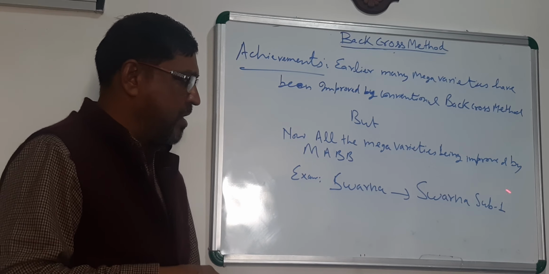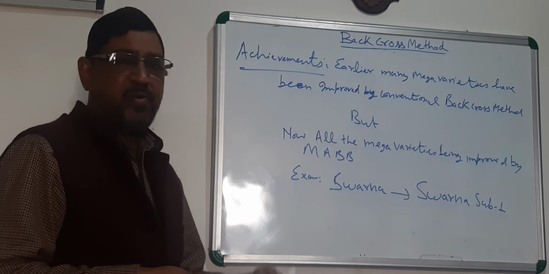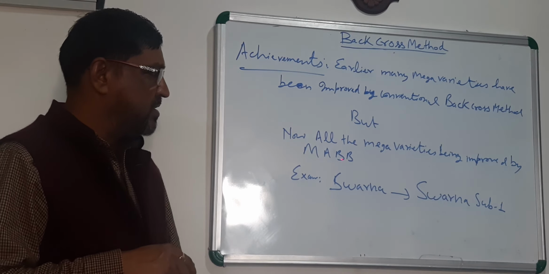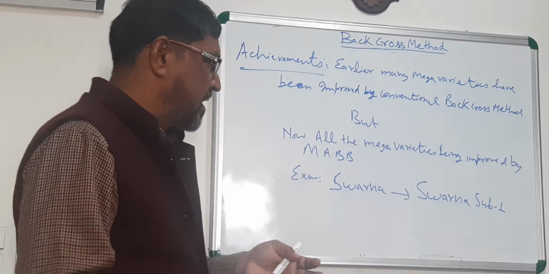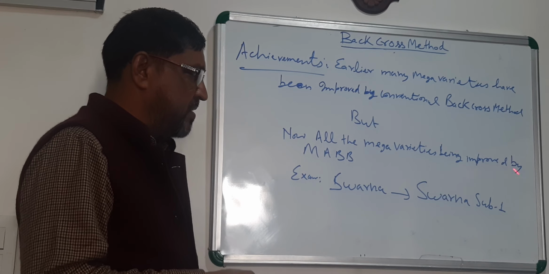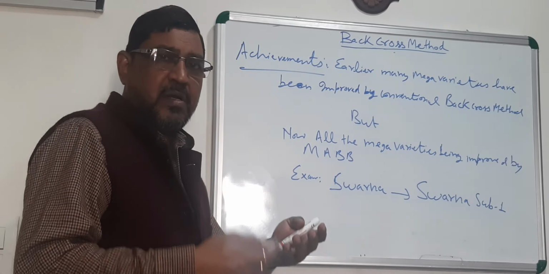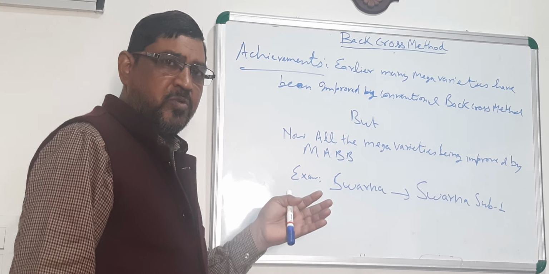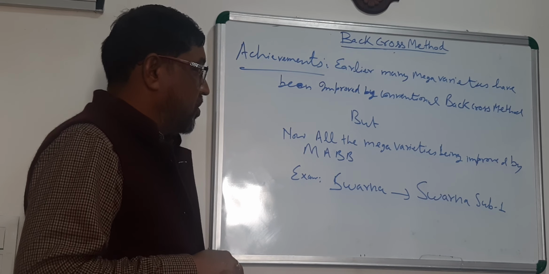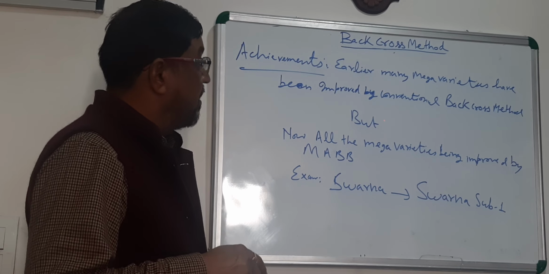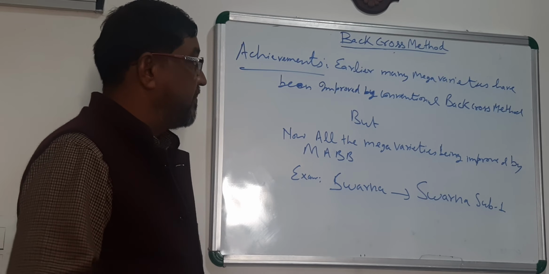So now this Swarna Sub1 improved version through molecular assisted breeding is being cultivated by the farmers, and because of that they are able to cultivate in floods. There is no reduction in the yield potential, of course. So this is all about backcross breeding.